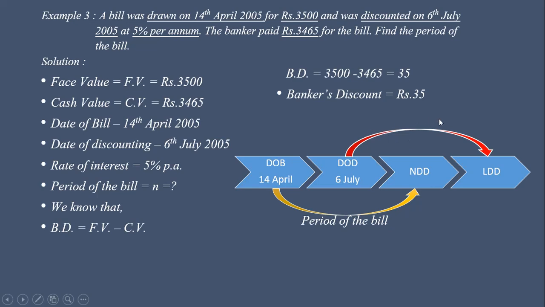The period from the date of discounting to the legal due date is used for calculation of banker's discount. We have this banker's discount, face value and rate of interest. So using the formula for banker's discount, FV into N into R upon 100, we find this period. Once we get this period, we add these number of days to 6 July and we get the legal due date, and from that we can calculate the nominal due date, and from that the period of the bill.